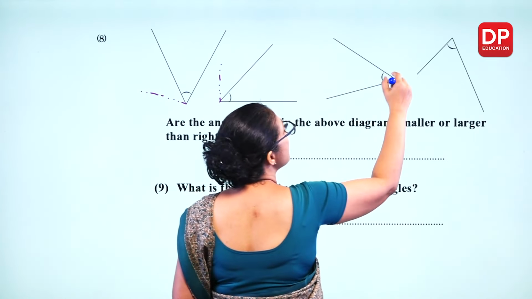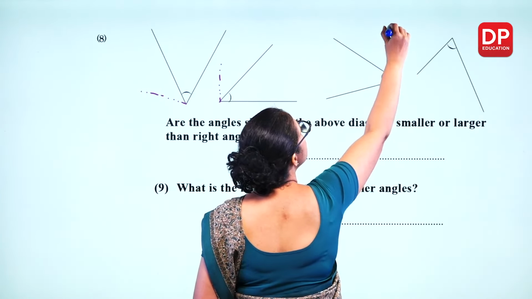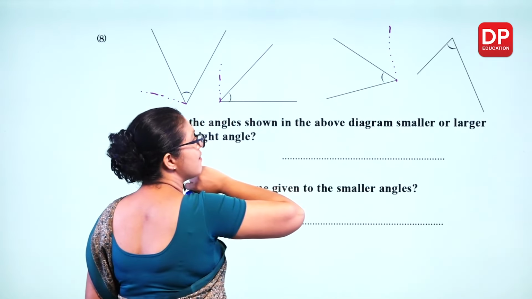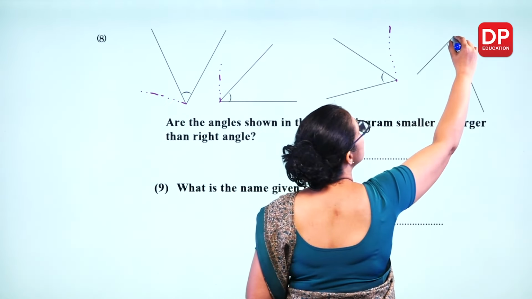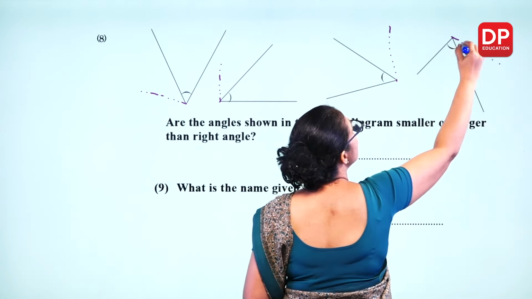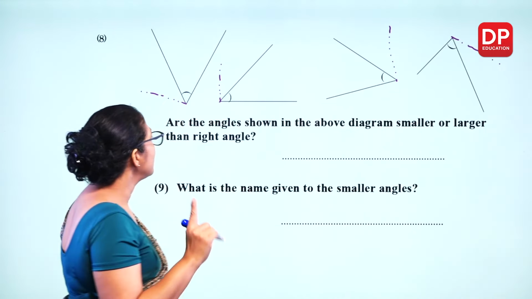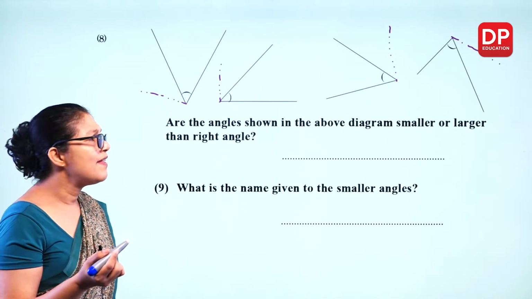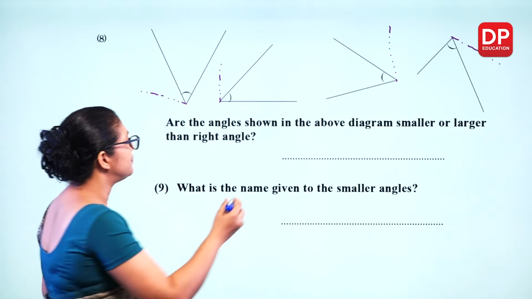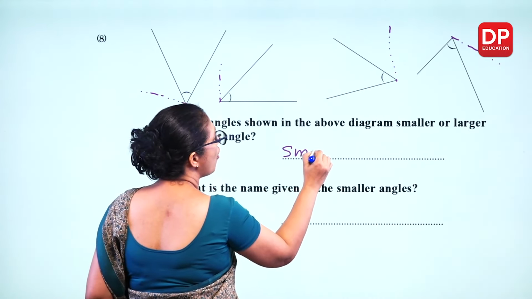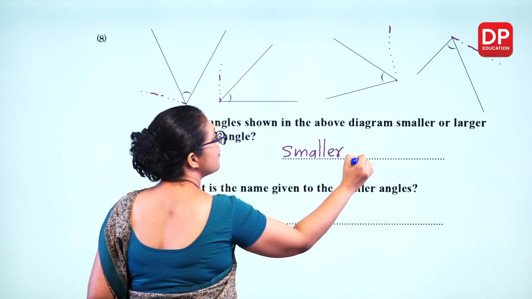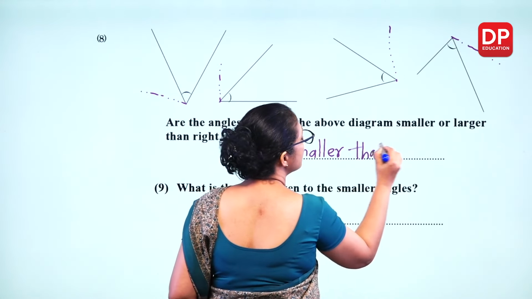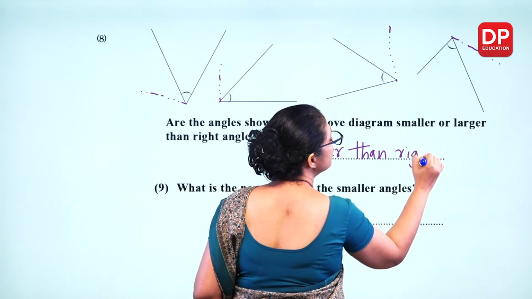When you take this arm, if this arm is this way, you get a right angle. Here also, if this is this way, you get a right angle. So what can you say about these angles? These angles are smaller than the right angle.